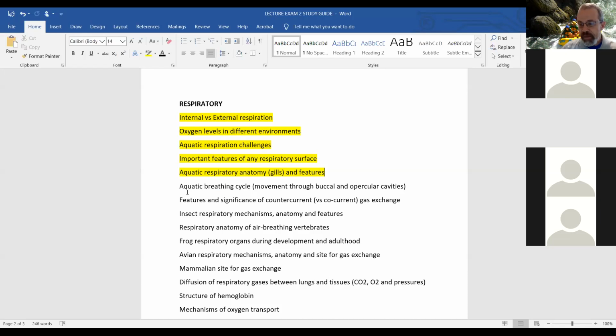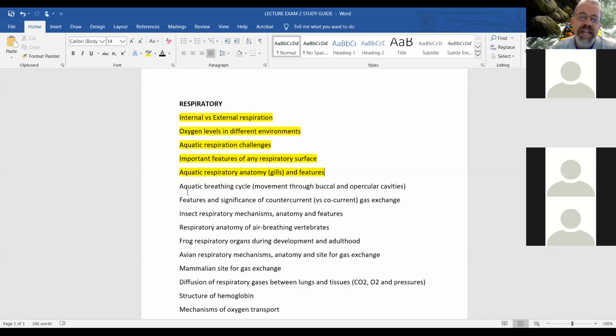This is significant because if the water is right next to the blood vessels, at every point along the flow, the concentration of oxygen in the water is going to be greater than it is in the blood. So it's going to steadily be diffusing into the blood, which allows you to build up oxygen. That's one of the benefits of countercurrent.